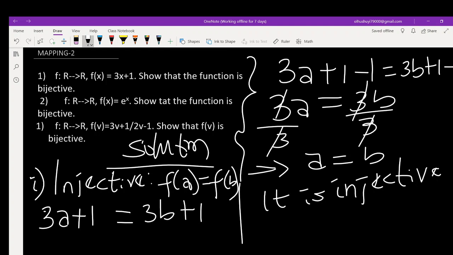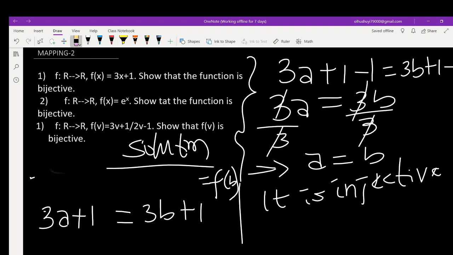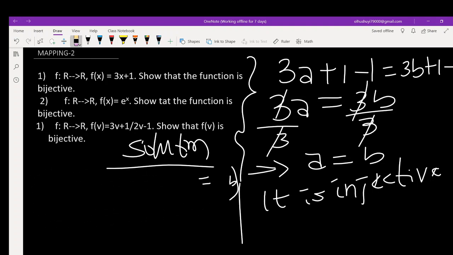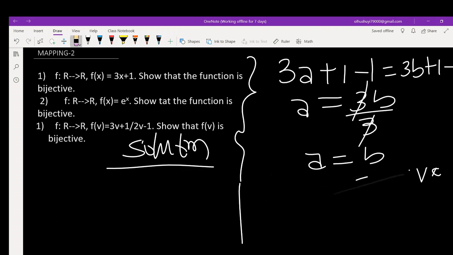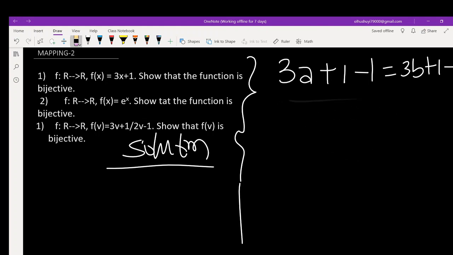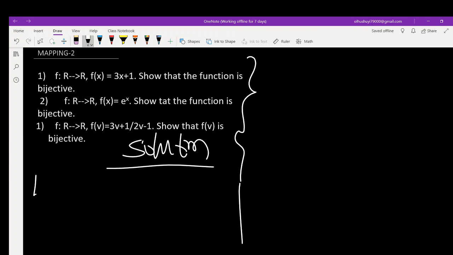You say let y belong to the set of real numbers.